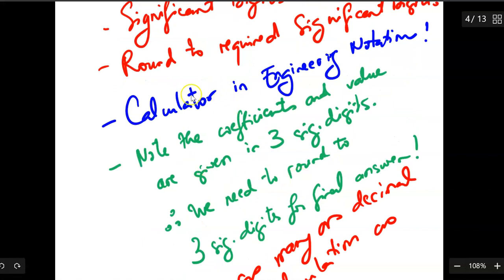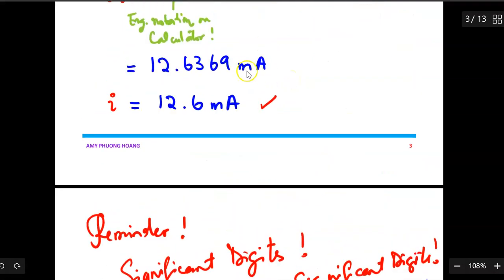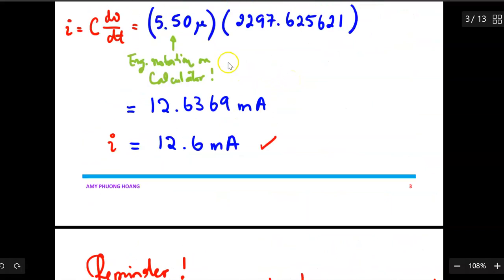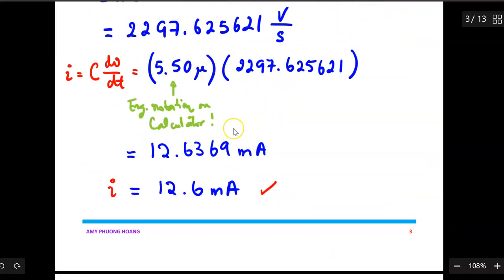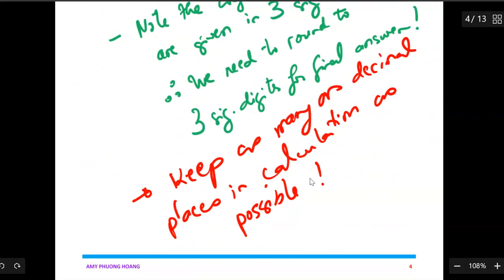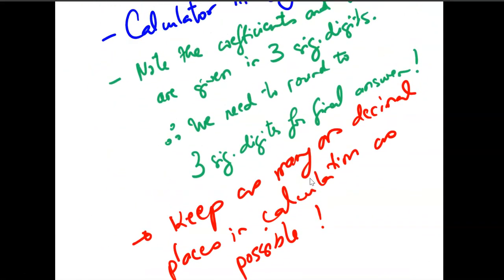Okay, and put your calculator in engineering notation. Then if you want to key in the micro, the milli, and all the engineering notation, you should be fine doing that. Okay, so thank you everyone.